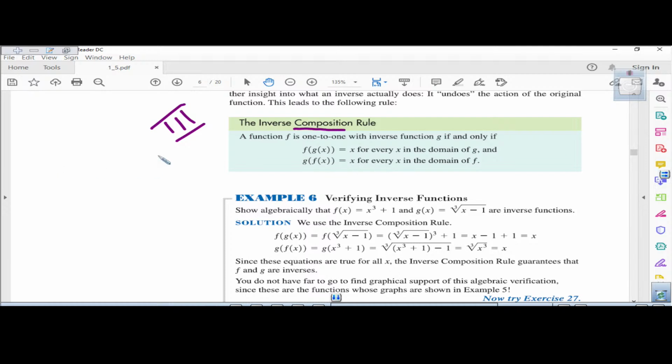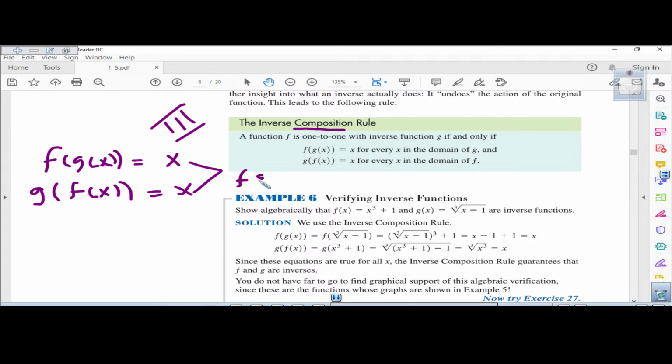Basically, you're going to do the composition from both sides. So f of g of x has to equal x. And also, if you do the opposite composition, g of f of x has to equal x. And if this happens, then yes, f and g are inverses.